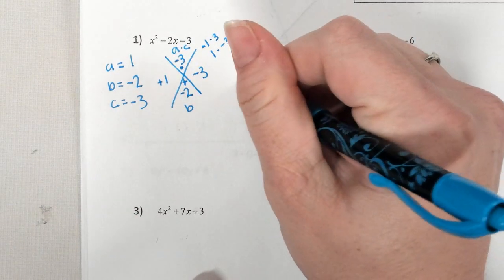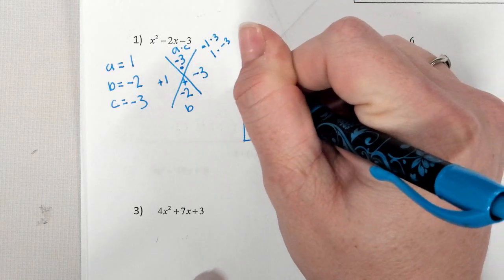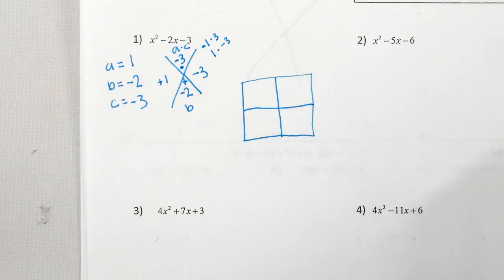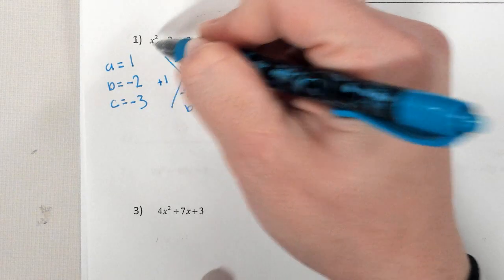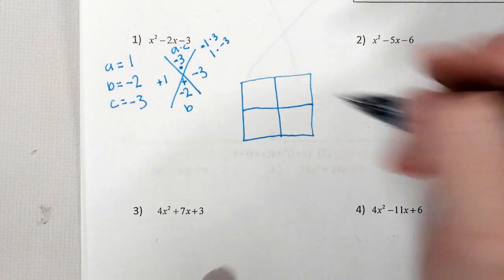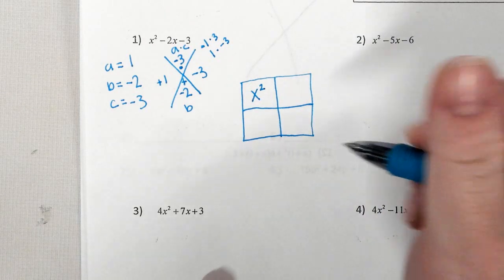So then we draw our box. Now in your box, your first term goes in your first box. What's the first term of my quadratic? X squared. And what's my last term? Negative 3.